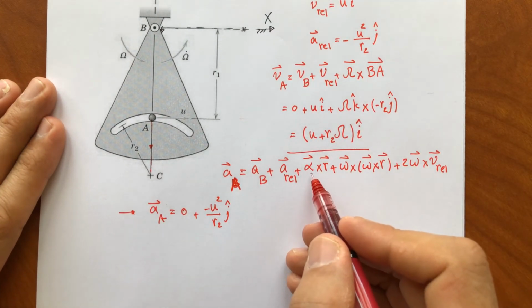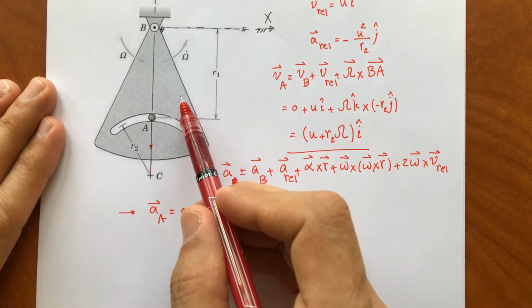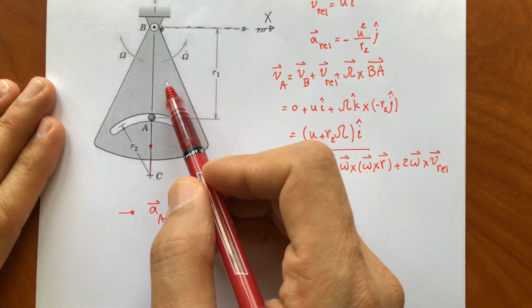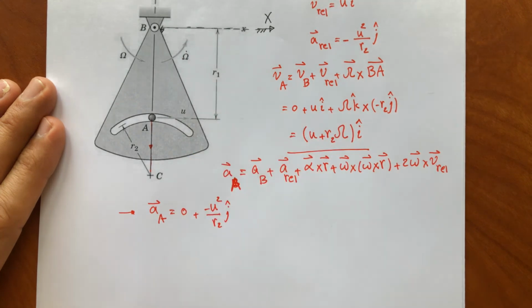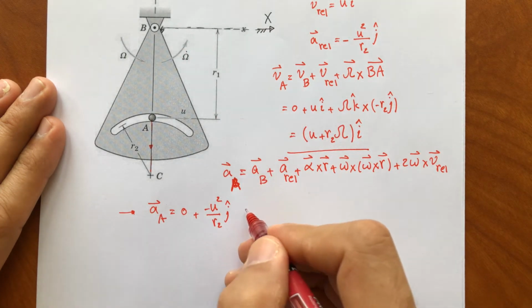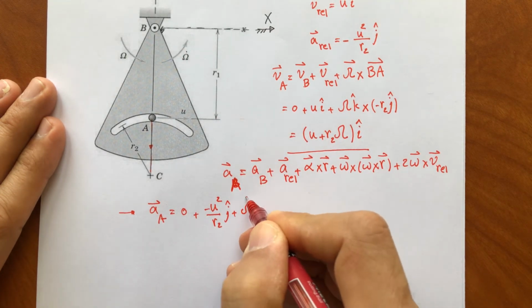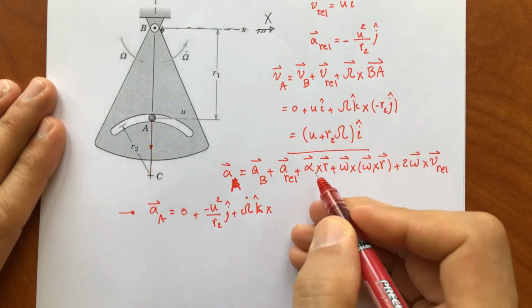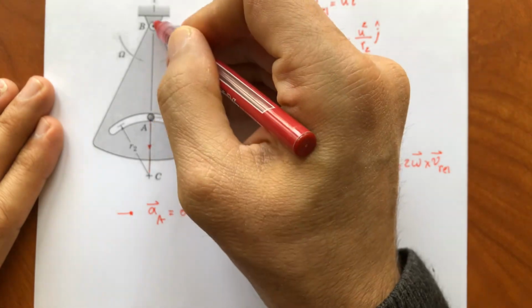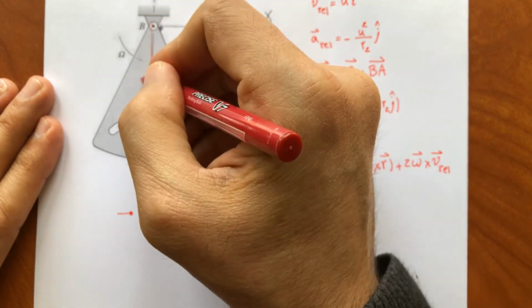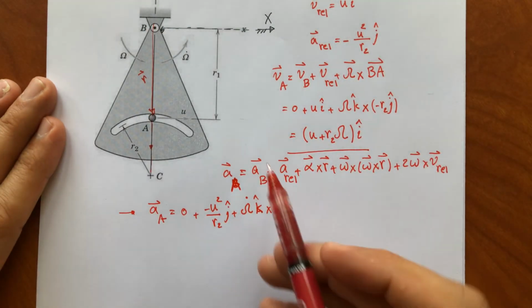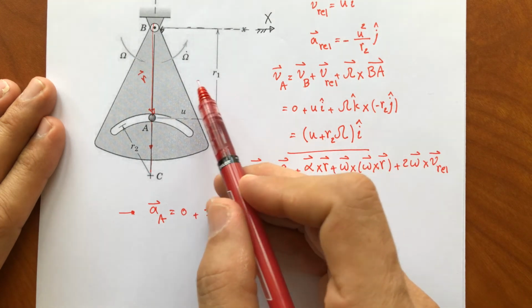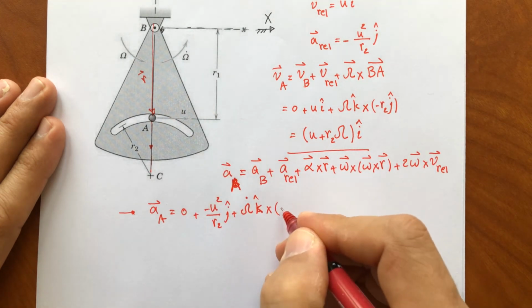Plus alpha cross r. Alpha is the angular acceleration of the rotating frame, which means this Omega dot. So plus capital Omega dot, which is in the k direction, cross r, and r is this, right? Let me show it here. This is my r, which is r1 in the negative j direction.